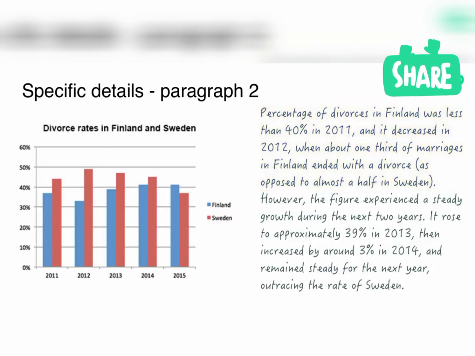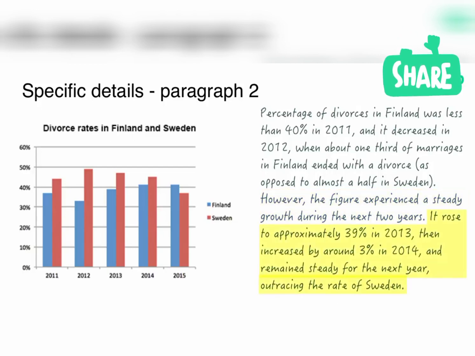Then, from 2013, Finland's rate changes in opposite direction. It starts increasing. So I start the next sentence with the word however and say, however, the figure experienced a steady growth during the next 2 years.